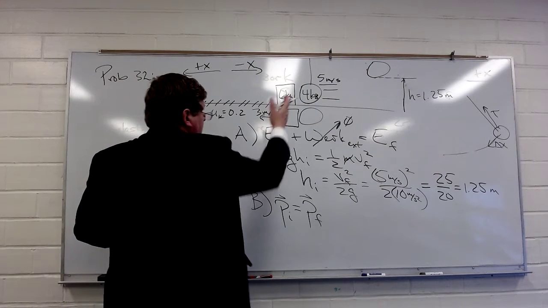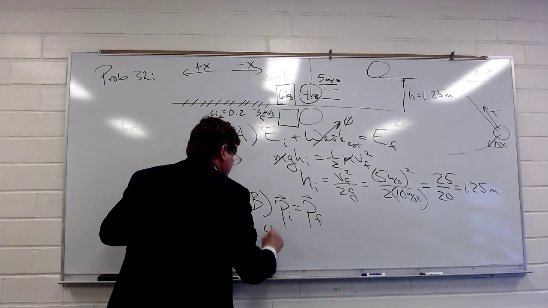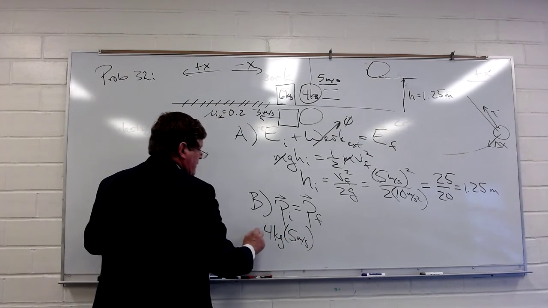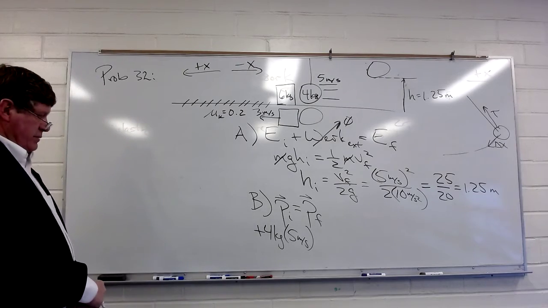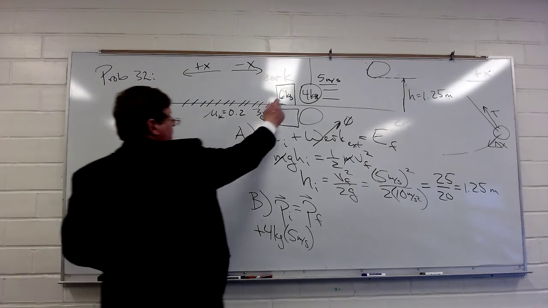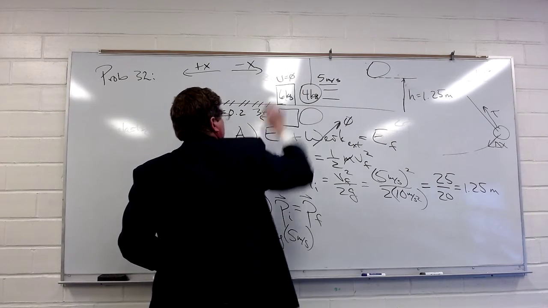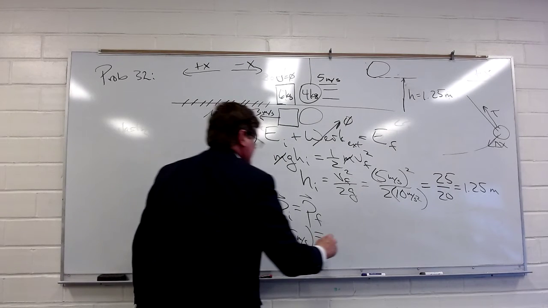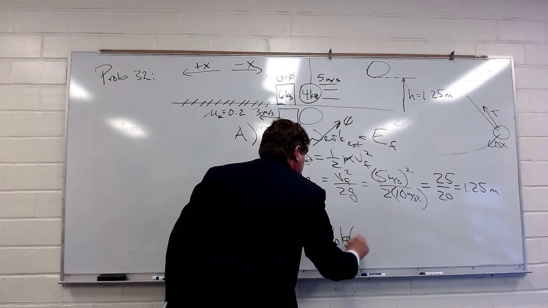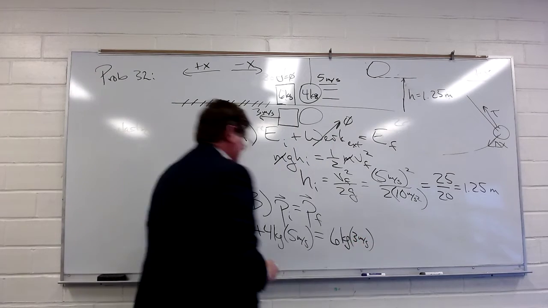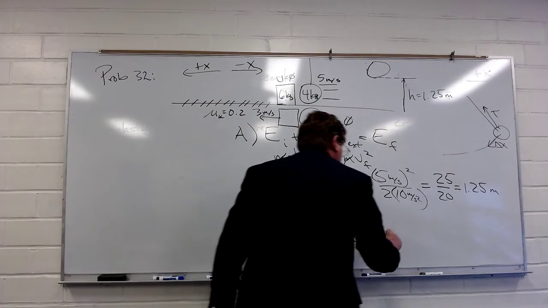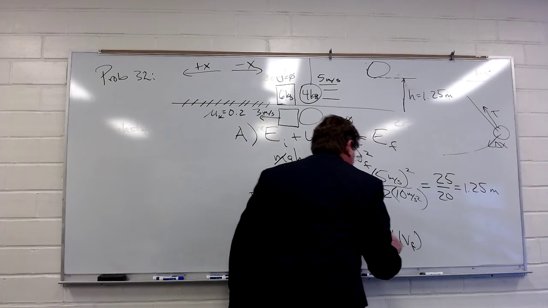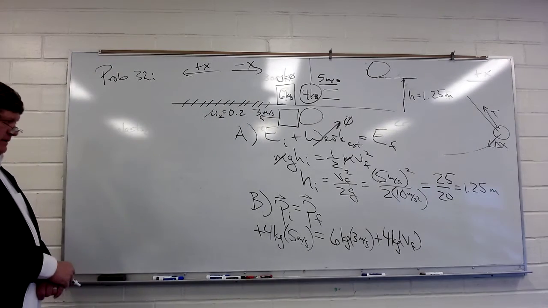And so before the collision, I only have the 4 kilograms moving at 5 meters per second, and it's moving to the left. I'm calling that the positive direction, so that's positive momentum. The block is not moving yet. Now, after the collision, I've got that 6 kilogram block moving at 3 meters per second, and I have that 4 kilogram bob moving at some unknown velocity, so I'll make that a positive variable.